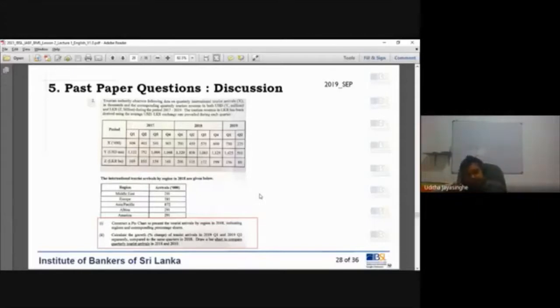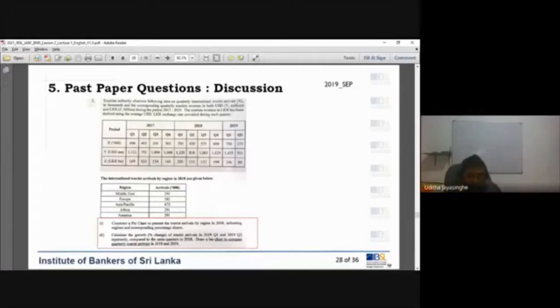But you shouldn't draw a small slice and say 75% or 100%; the slices should be relatively equal to the number that you are going to represent under each slice. That's it. Indicating the region and corresponding percentage of share. So for this whole 5 marks of this examination, this pie chart is going to give you the complete marks. That's about it.